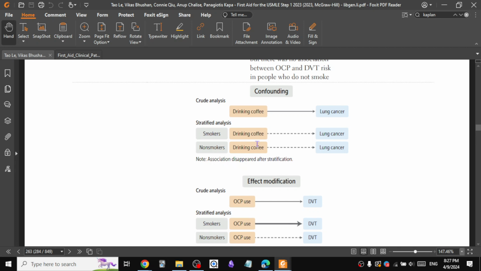What's the best way to imagine this? Let's say a smoker likes to enjoy their morning coffee with a smoke, right? A smoker relaxing in the morning with a cup of coffee or even tea. So that is affecting my independent variable.